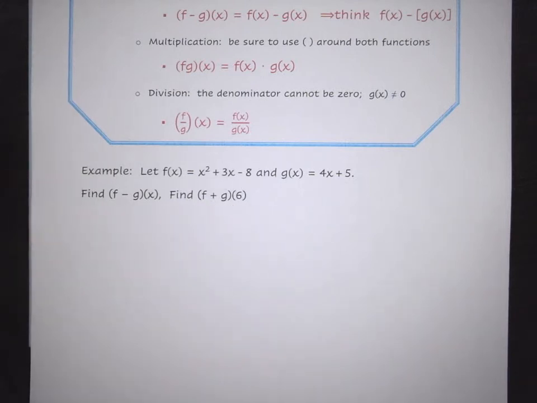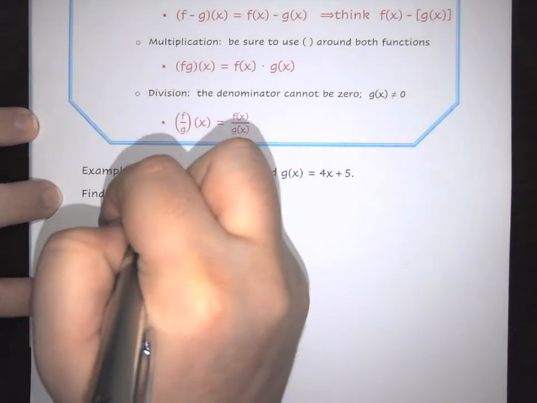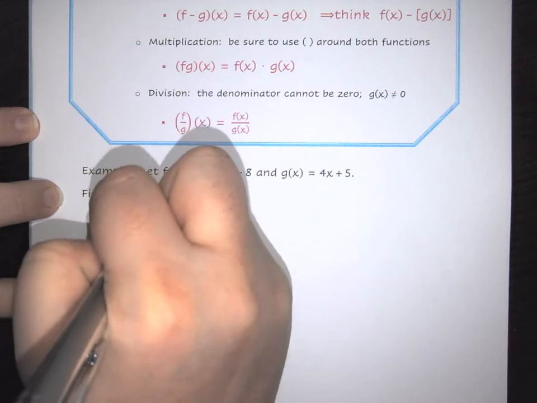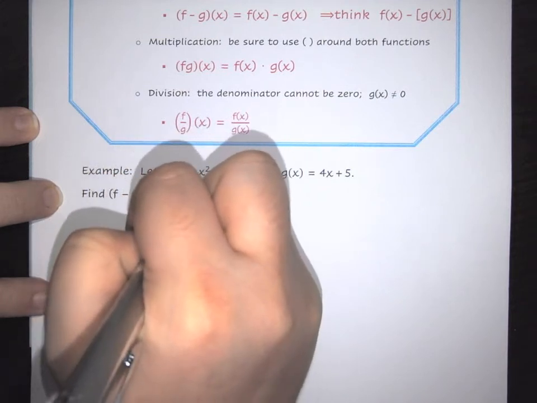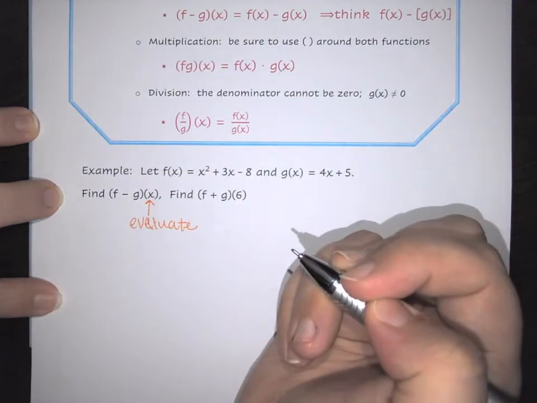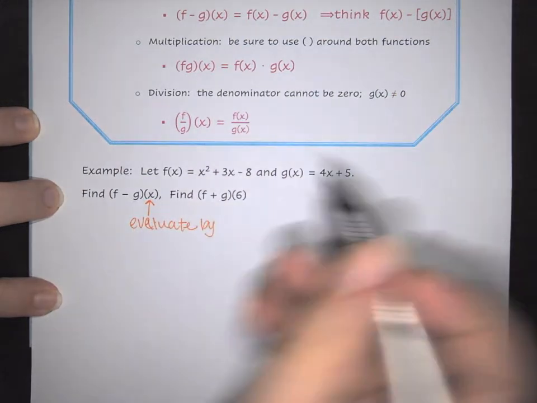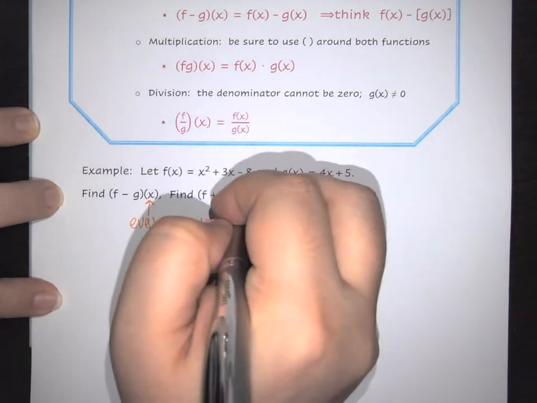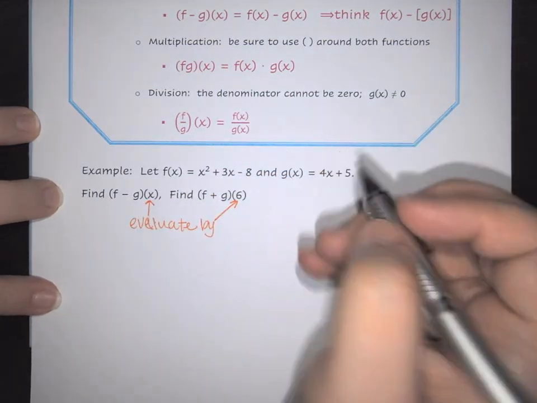So a couple things to keep in mind is that this right here is going to tell you what you're going to evaluate by. So in this case, we're evaluating by x. In this second case, you are going to evaluate by 6.